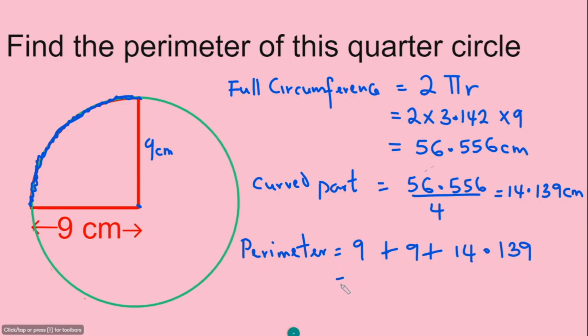If you add all the values, you're going to have 32.139 centimeters. So this is the perimeter of the quarter circle, which is this blue distance here, this radius here, and this radius here.